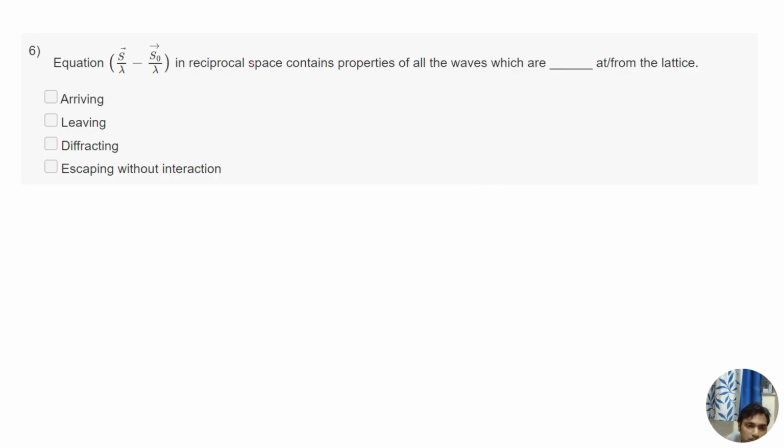The equation s by lambda minus s naught by lambda in reciprocal space contains the properties of all the waves which are diffracting from the lattice.